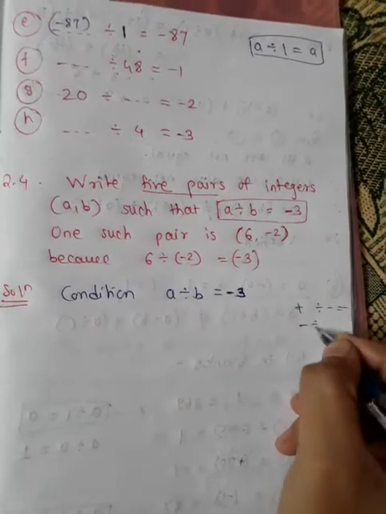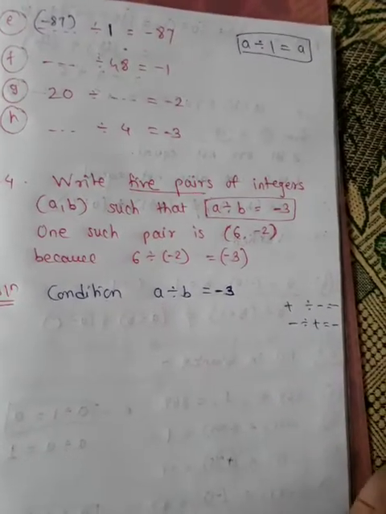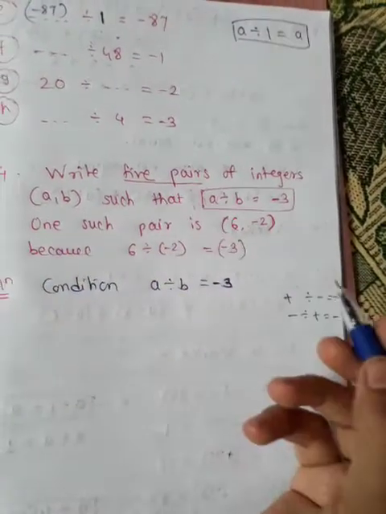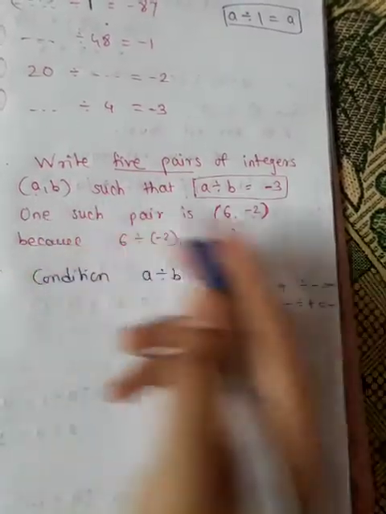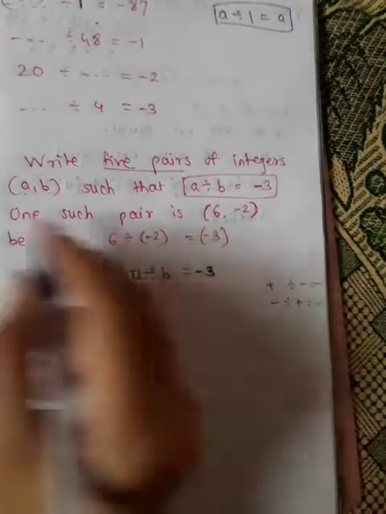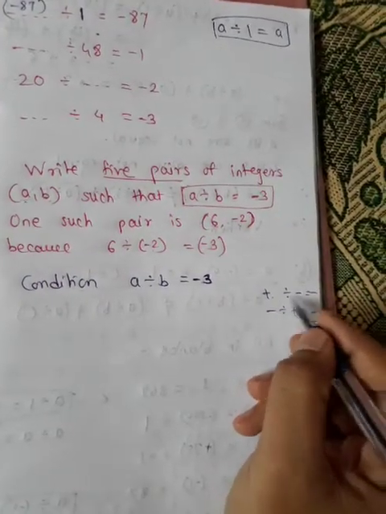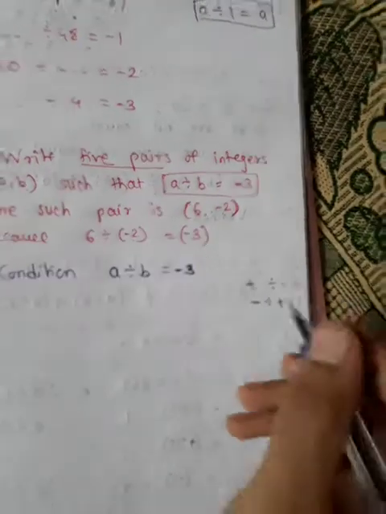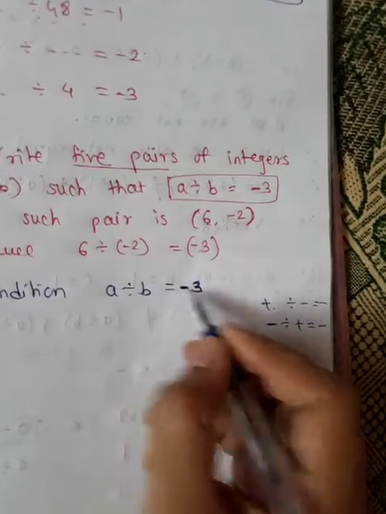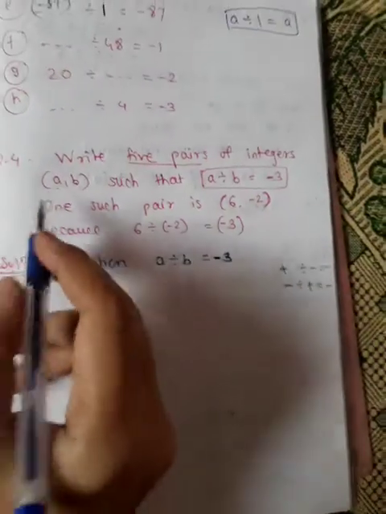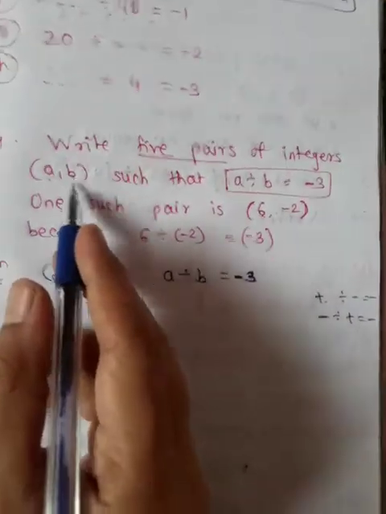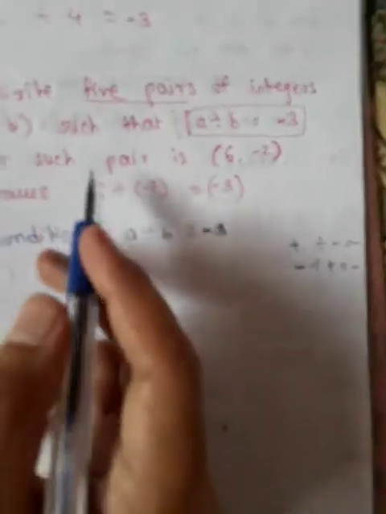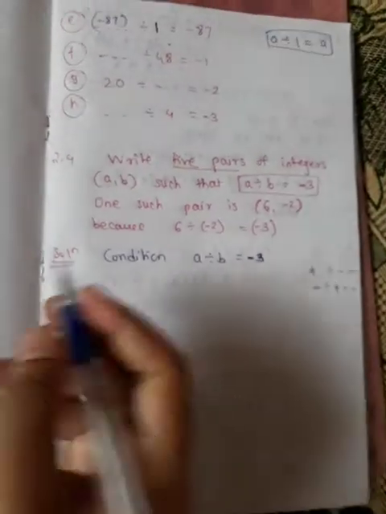When we divide a negative integer by a positive, we also get a negative integer. Means we have to choose two integers where at least one of them must be negative, so that we can get the negative result. So one integer must be negative and the other positive.